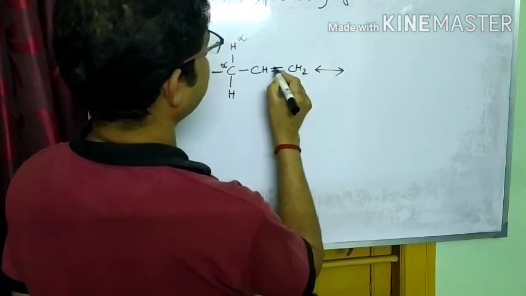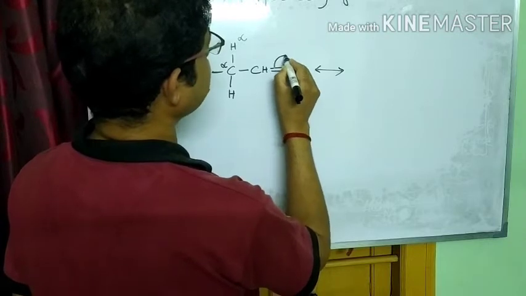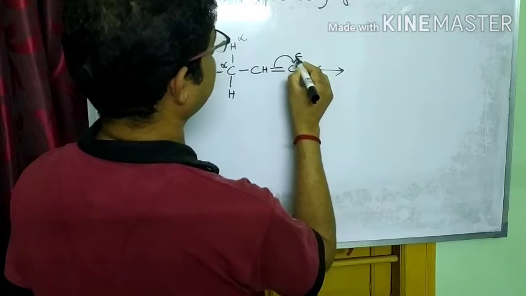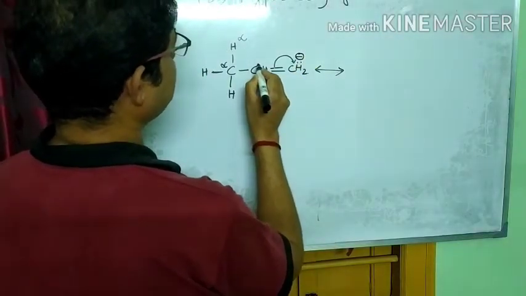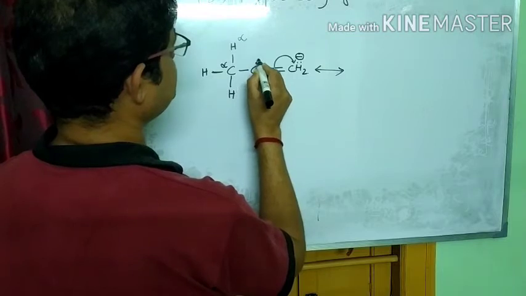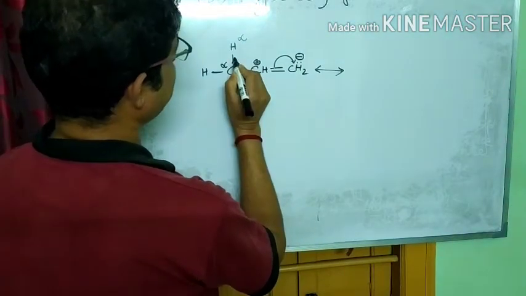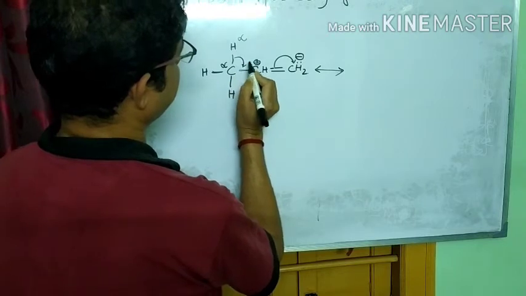This pi bond will break and these two electrons will be shifted to this carbon, and this carbon gets a positive charge. At the same time, these bonds will shift to this position.